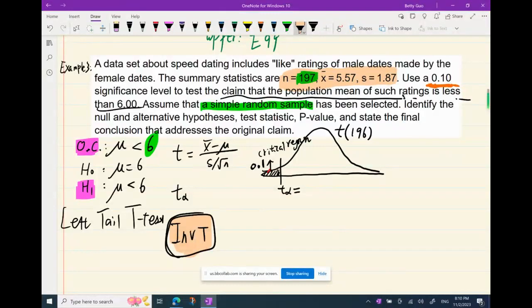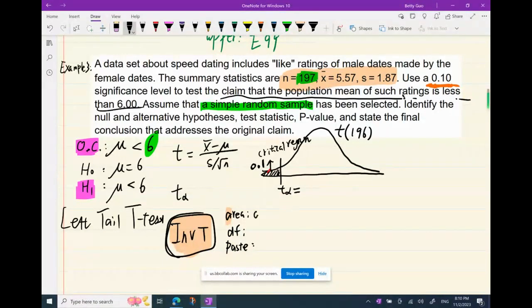My inverse T is number 4 on my calculator, INVT. I select that function and I see area, df, paste. Actually, only two entries.